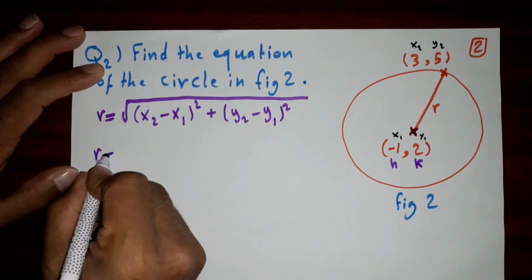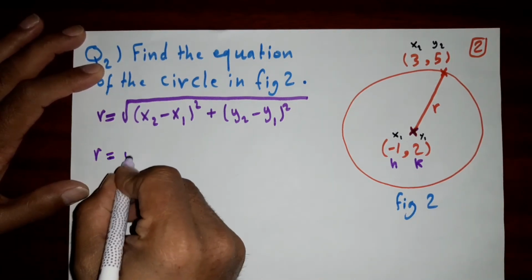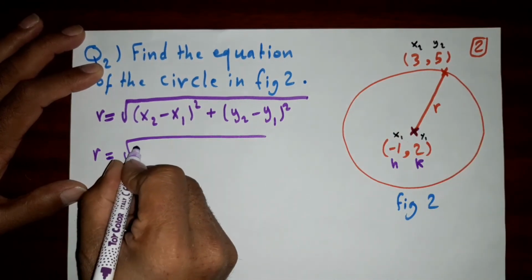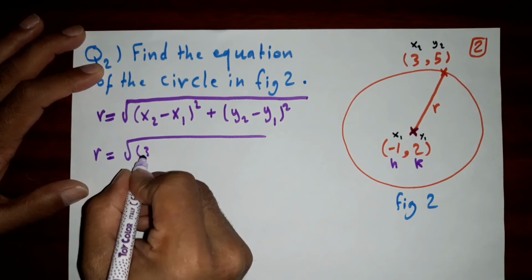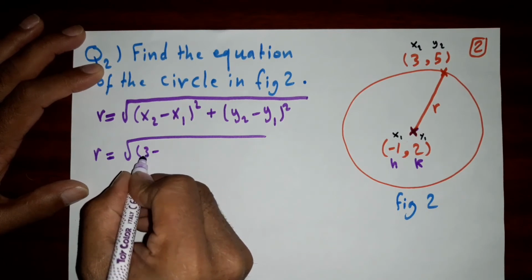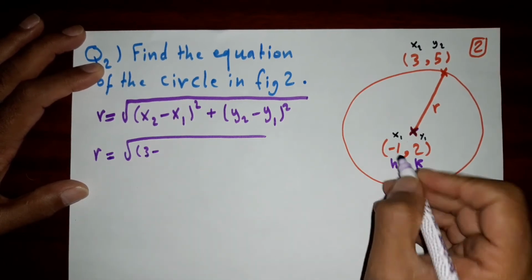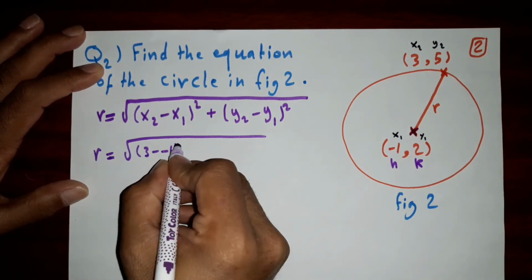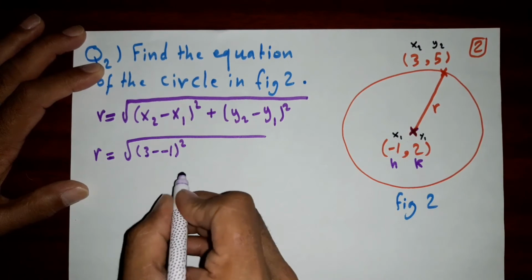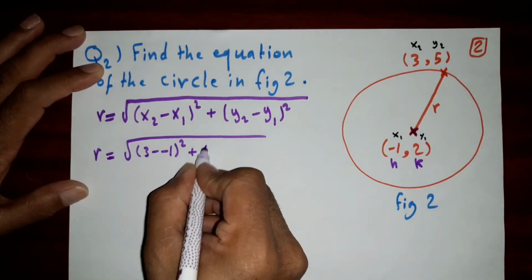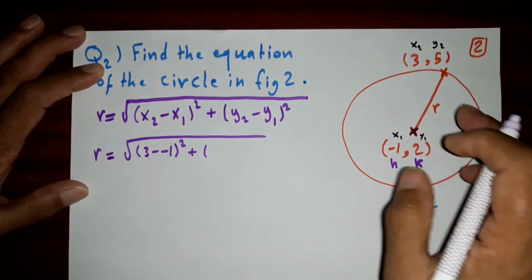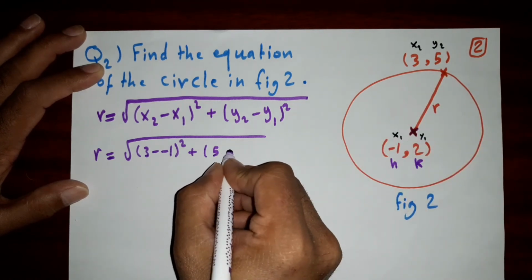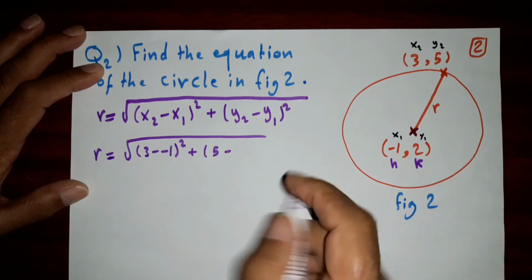R equal x2 is 3 minus x1 is -1, minus -1 all squared, plus y2 is 5 minus y1 is 2.